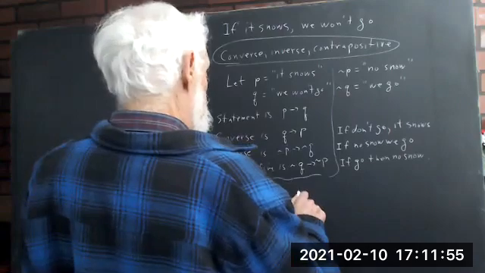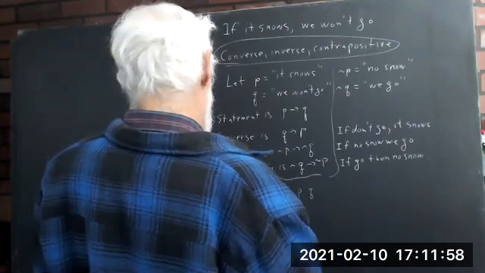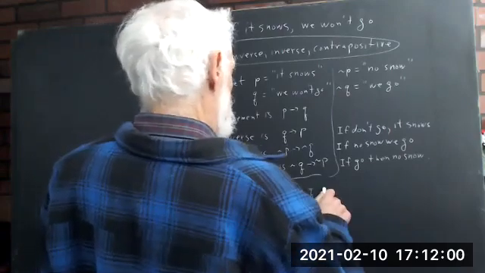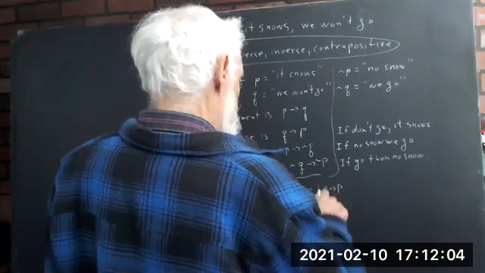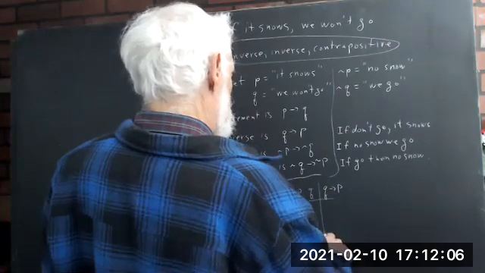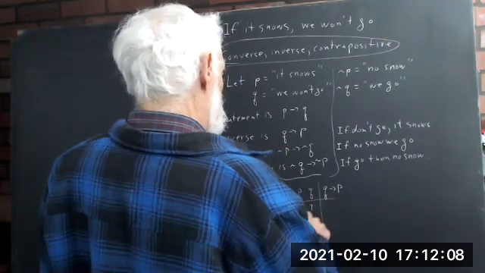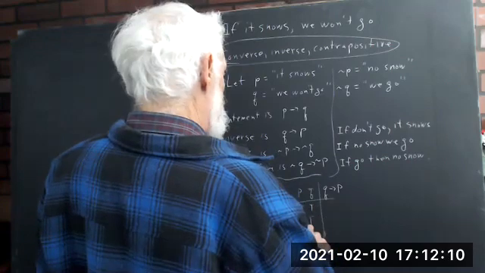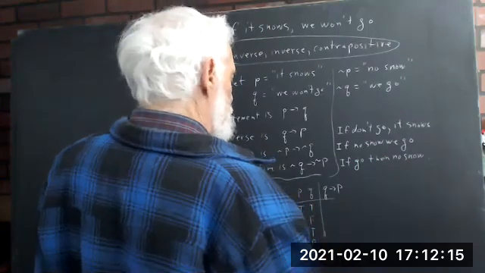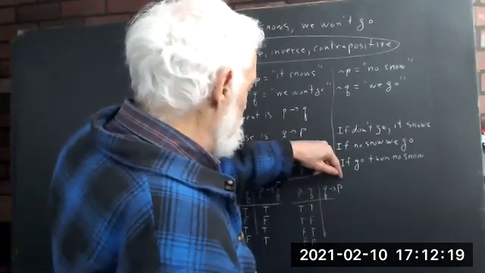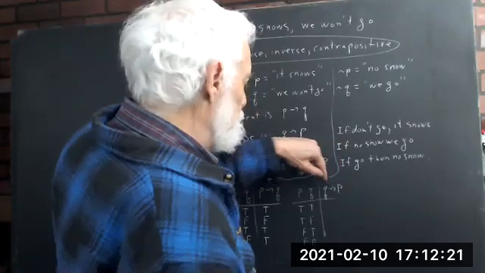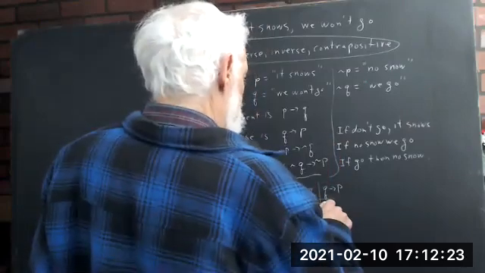Okay, well, let's try P, Q, the inverse, sorry, the converse, Q then P. Again, we have true, true, true, false, false, true, false, false. Now, if Q, then P, well, true and true, the true can follow a true, that's fine.